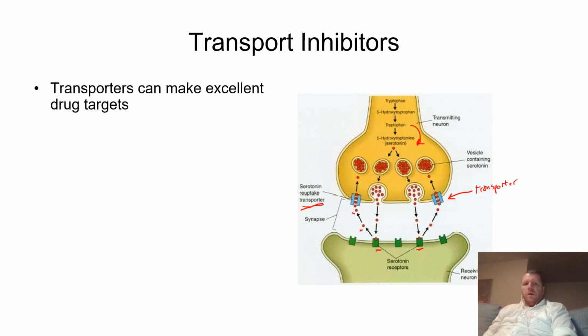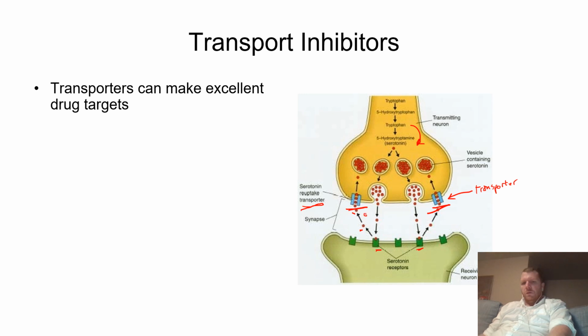So these transporter proteins make absolutely great drug targets, because the serotonin can be taken up and packaged by the vesicle. Well, if you block this, what happens to that serotonin?